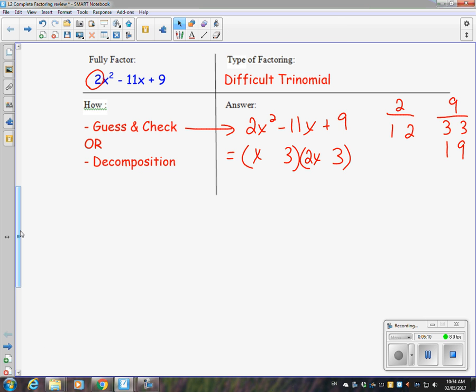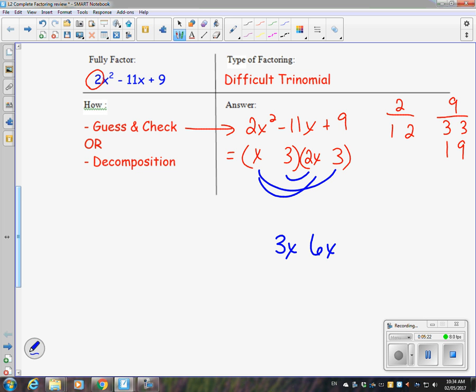And then I'll pretend like I'm doing FOIL. So I'll do x times x. There's my 2x squared. X times 3 is 3x. 3 times 2x is 6x. And 3 times 3 is 9. So right now they're all positives. And I want my answer in the middle to be negative 11.